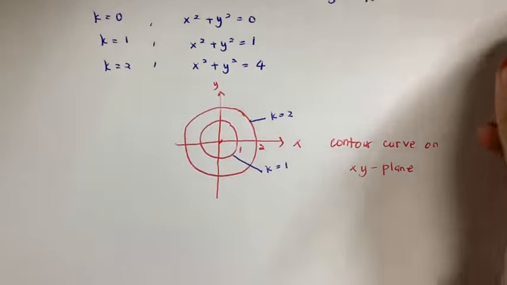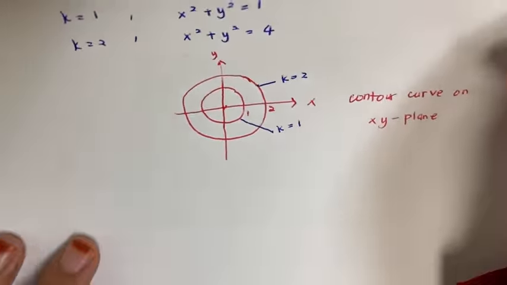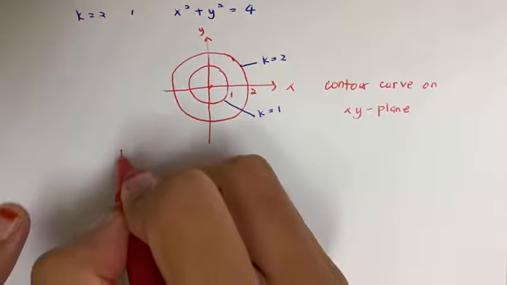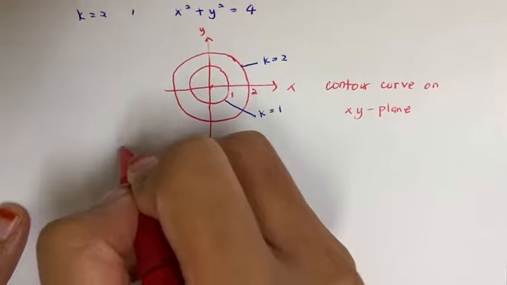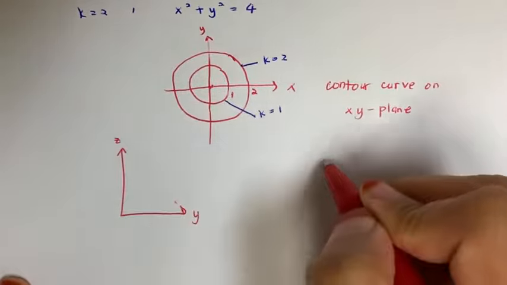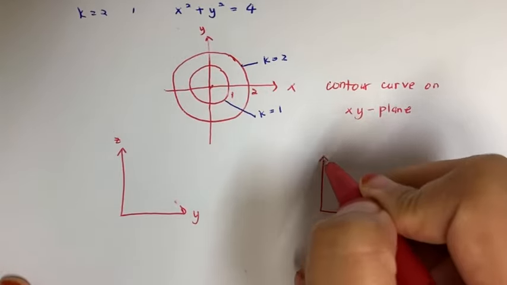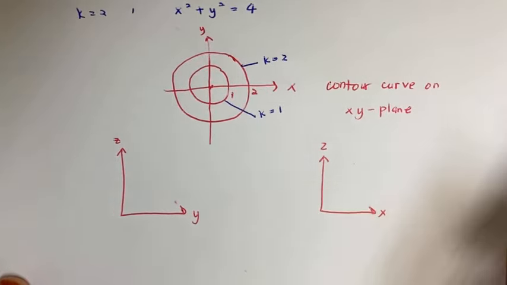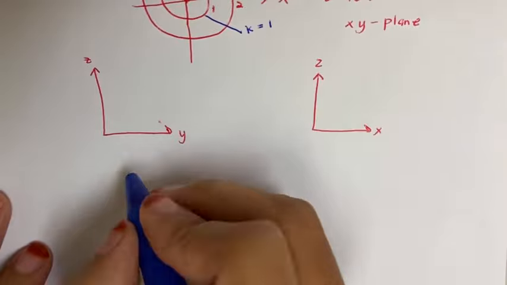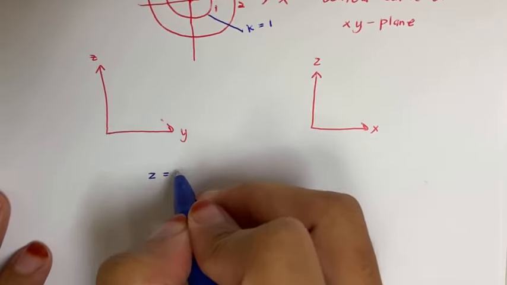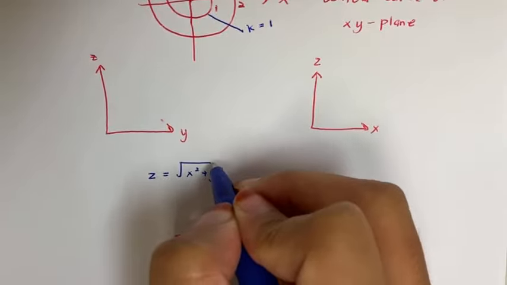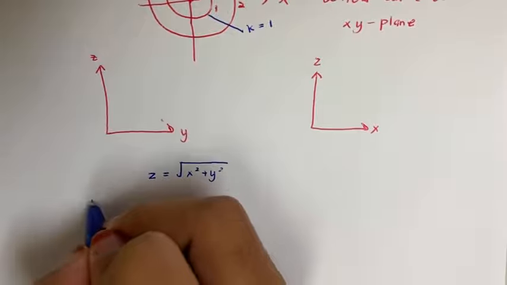Okay, so move to the surface. To find the surface, you need these two planes, the zy plane and the zx plane. For this one, we have z equal to square root of x squared plus y squared.